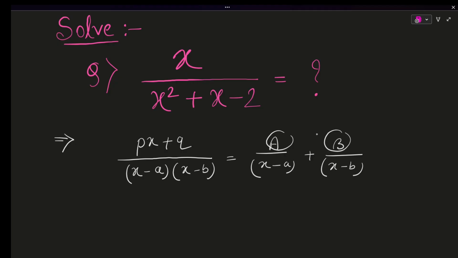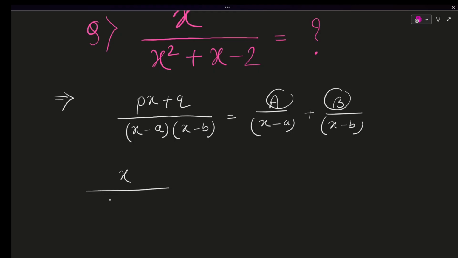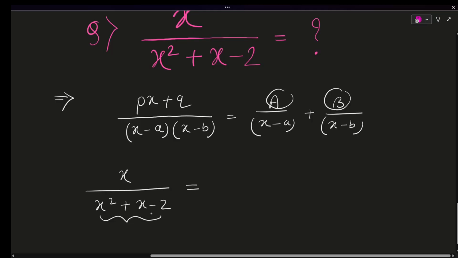So let's start this problem. Here the given question is x divided by x square plus x minus 2. So you can see that in the denominator this is a quadratic equation. So we have to first factorize it.